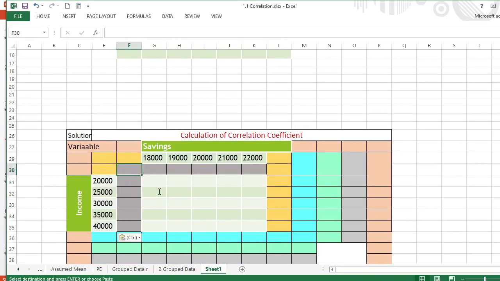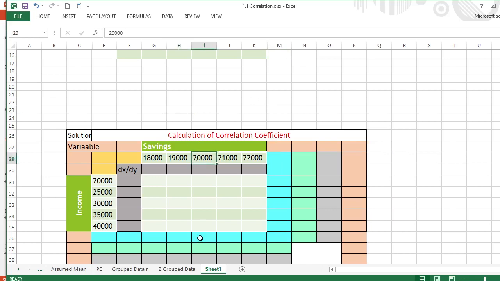After this, as usual, we need to calculate dx and dy. For dx, I should consider any one number from the x series as my assumed mean. I'll consider this 20,000 as my assumed mean.